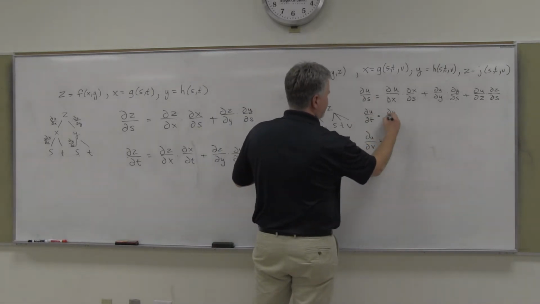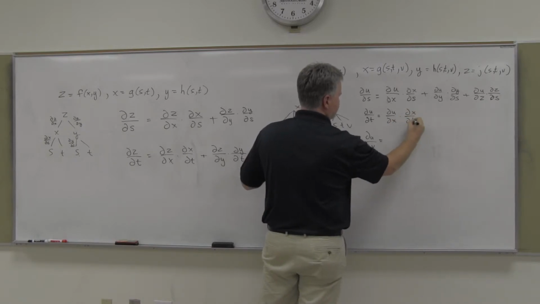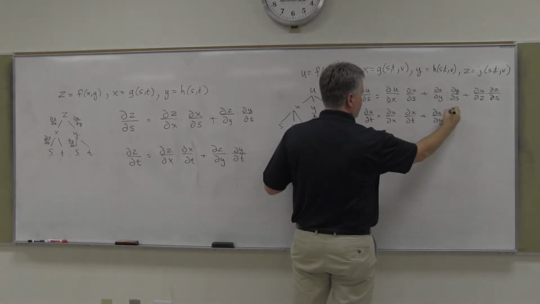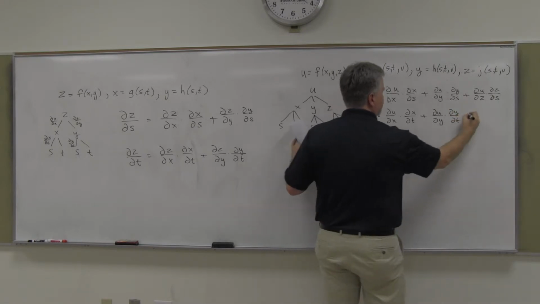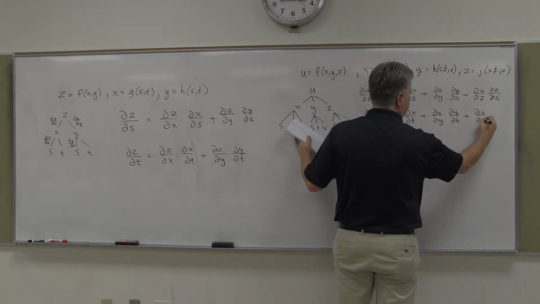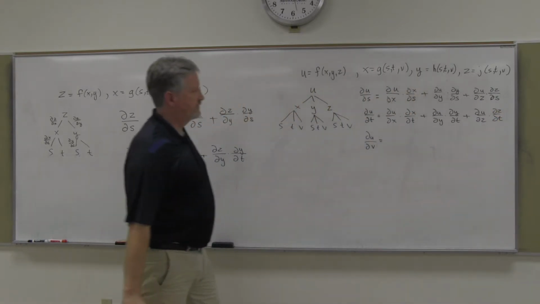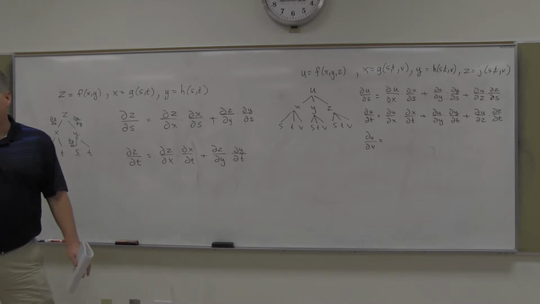You get to t, basically the same thing, except the second part of each term is with respect to t: partial of u with respect to x, partial of x with respect to t, and the partial of u with respect to y, partial of y with respect to t, and the partial of u with respect to z, partial of z with respect to t. So as you can see, it gets quite long quickly. This is just two layers, and we could add more layers if we wanted.